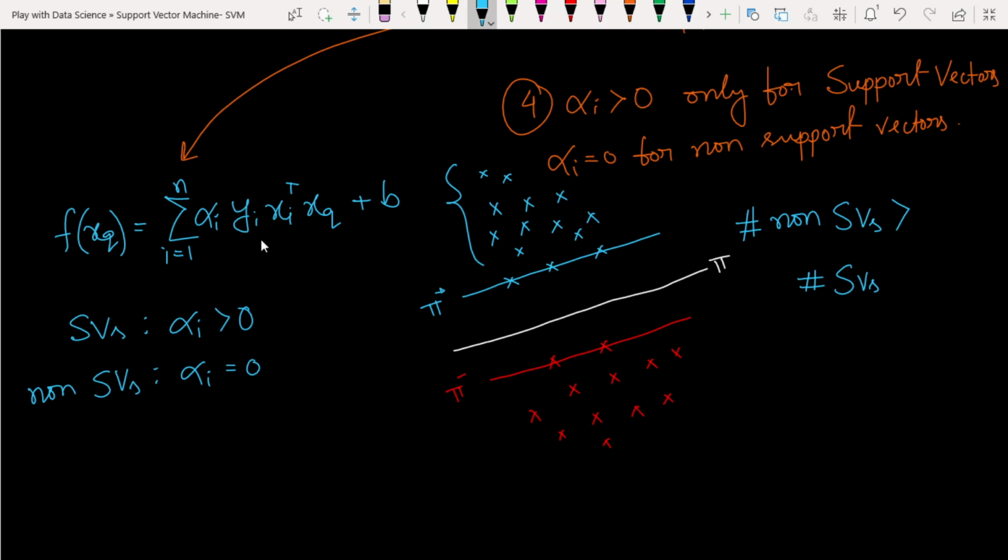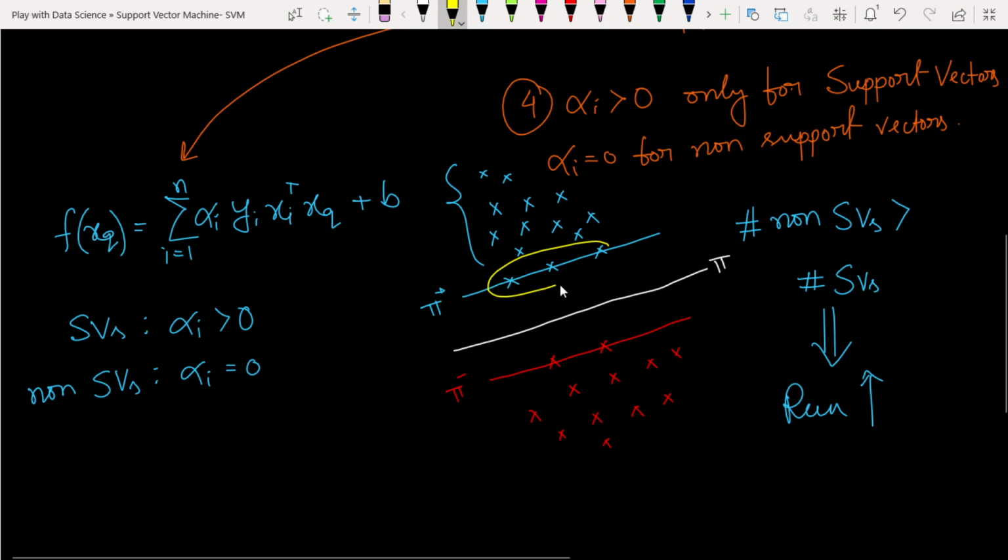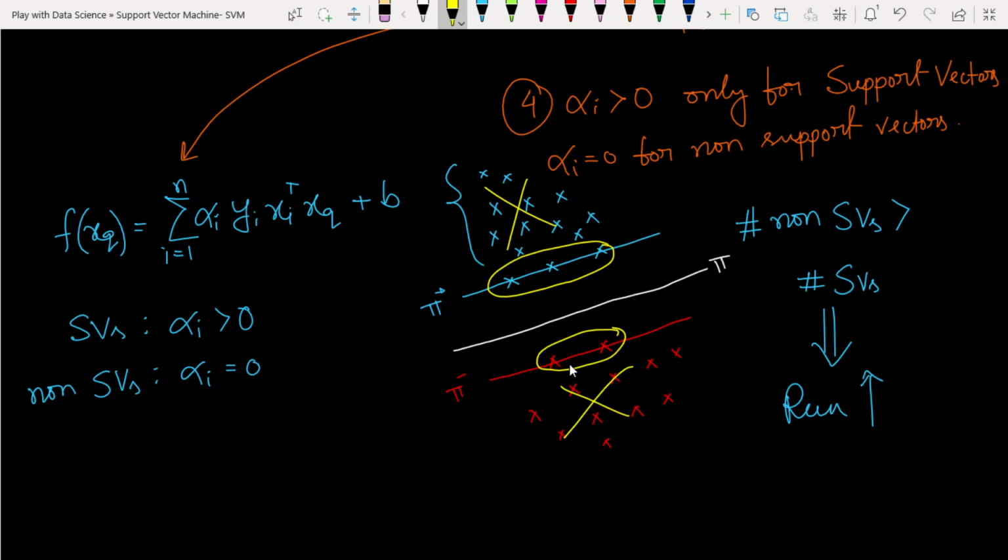So by using this query equation we can easily improve our runtime, because we don't care about non-support vectors, only support vectors. Because of this technique, this system is called the support vector machine.